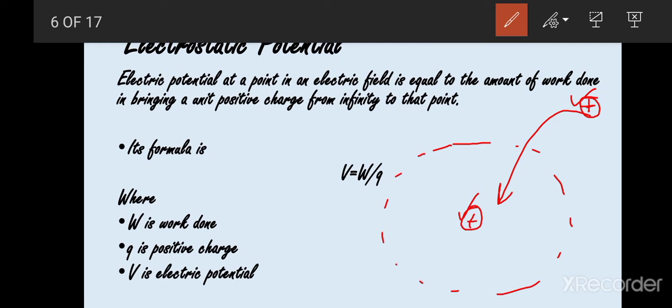So the potential at any point inside the electric field will be different from the other points. So we can say that electrostatic potential at any point inside the field will be equal to the amount of work done in bringing a unit positive charge from infinity to that point, the point whose electric potential is required.